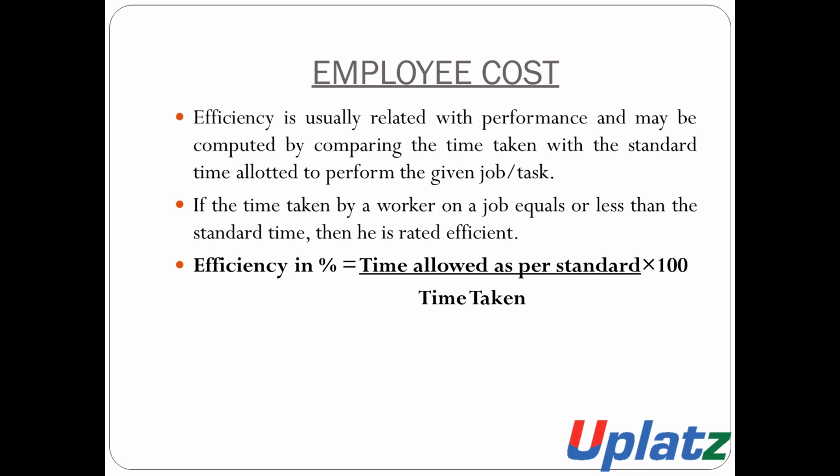For example, there is a worker who performs a job within 10 hours, but the standard time allotted to perform such a job is 12 hours.